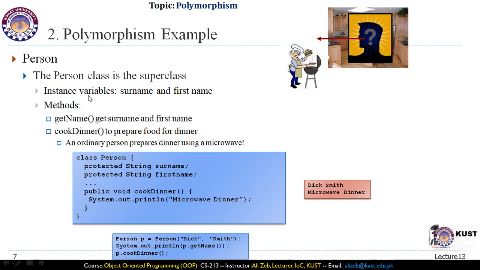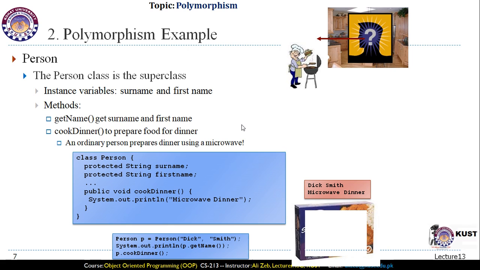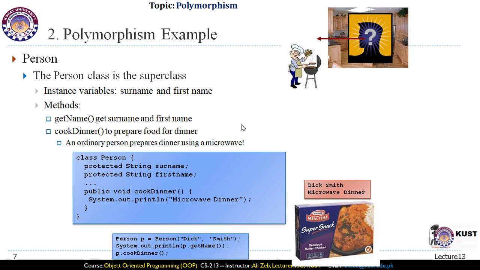We have instance variables and methods in this person class that will be inherited by all the kinds of persons that we looked at in our example, and the dinner here in this case will be a relatively easier one for us. And when we declare an object of the person class, it is expecting a name from us, and the name has 2 parts.